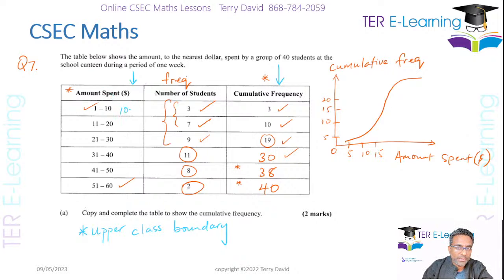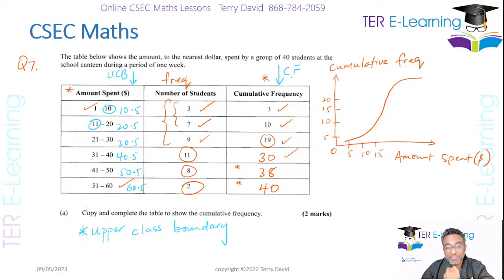So you have 10 here and 11 here, so your upper class boundary for this interval is 10.5. This one is 20.5, this one is 30.5, 40.5, 50.5, and then the last one is 60.5. So what you're plotting is upper class boundary, UCB, against cumulative frequency.